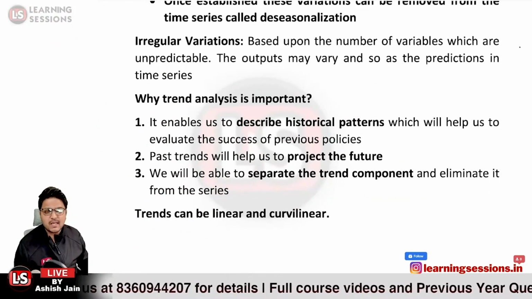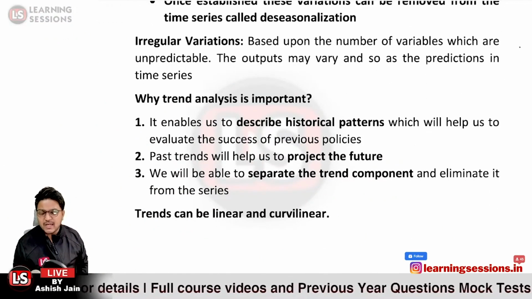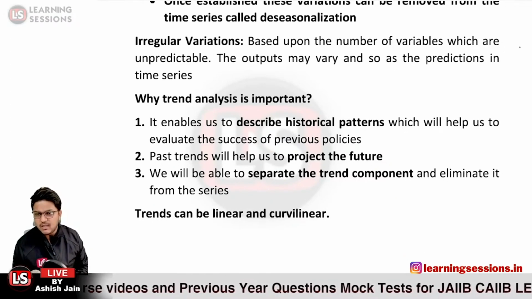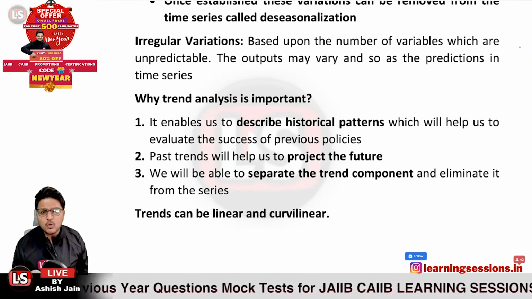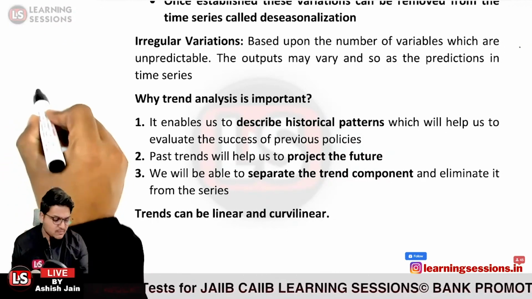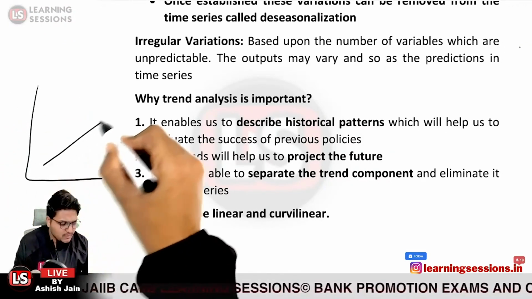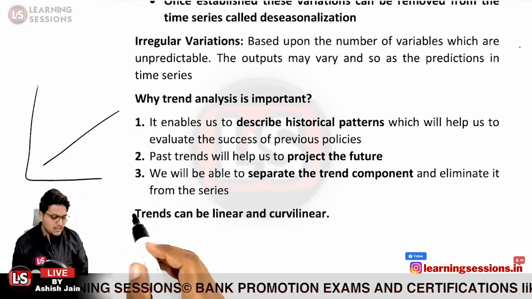And further, the trends can be linear and curvilinear. We have different plots, as we considered in the previous video related to correlation and regression. I already told you that we have different coordinates. If we are drawing a line over here, what is the equation of the line?